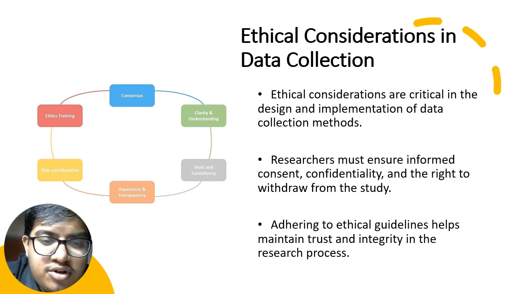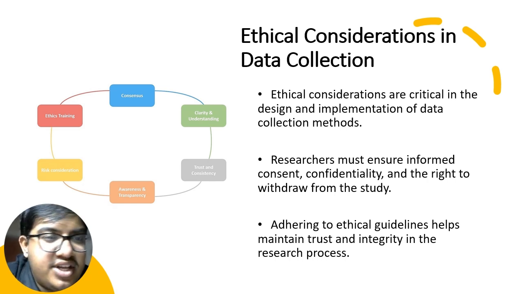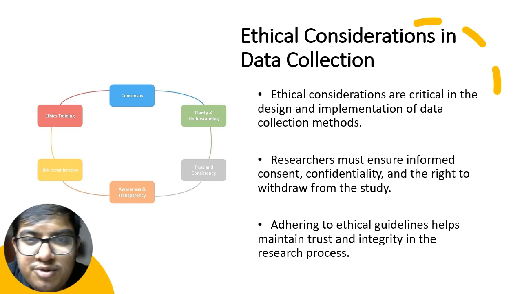When it comes to confidentiality, there are some things which must not be revealed. Some can be revealed with consent while others shouldn't be, so confidentiality should be kept up. If people are working in teams, they should also have the right to withdraw from the study if they don't like it. You can't force them to do it.